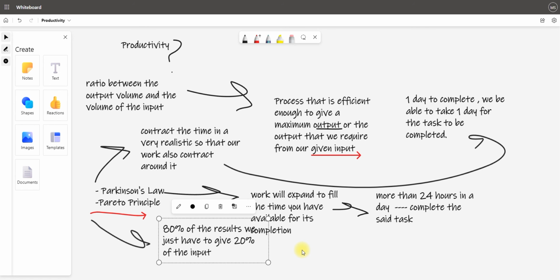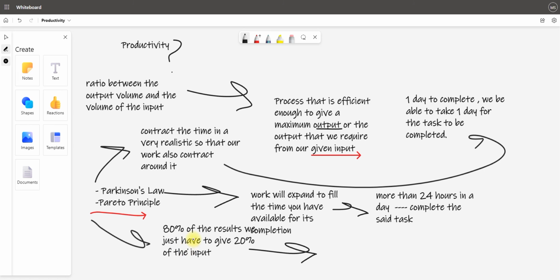Reiterating, the principle gives the idea that 80% of the output will come from 20% of our efforts. It's a measure of where we can devote our effort to increase our productivity and performance.